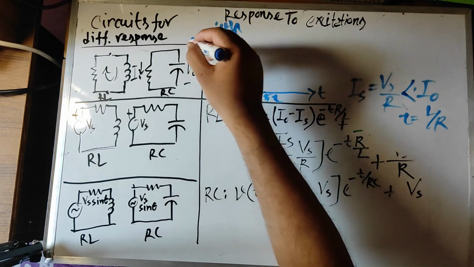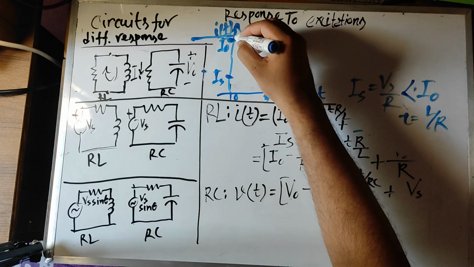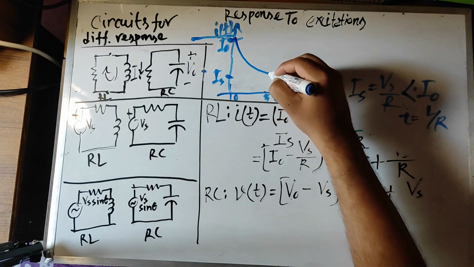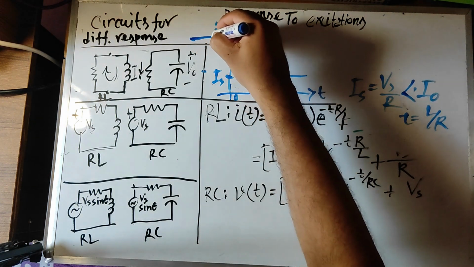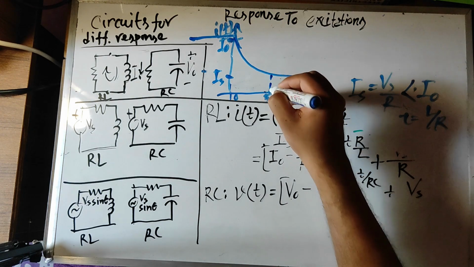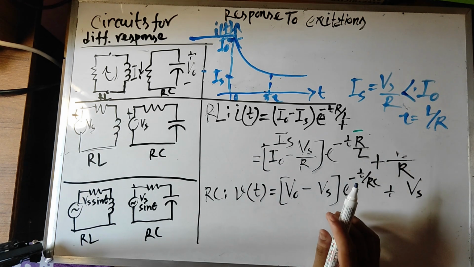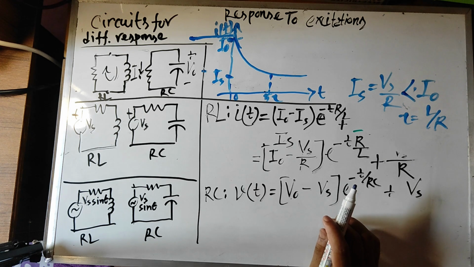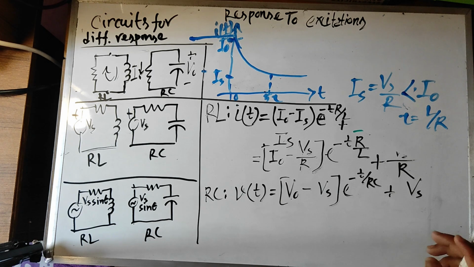So here it will be a DC value, and after t equals 0, say this is the 5 tau. So this is the step response of the RL circuit. Now let us observe the step response of the RC circuit.